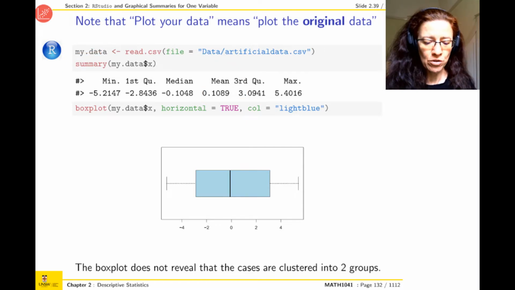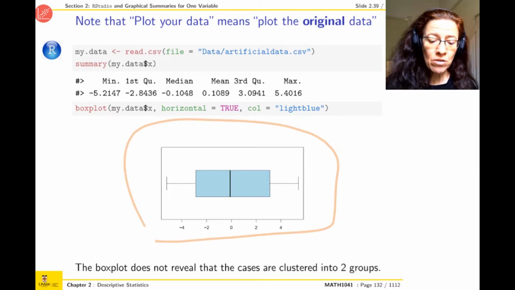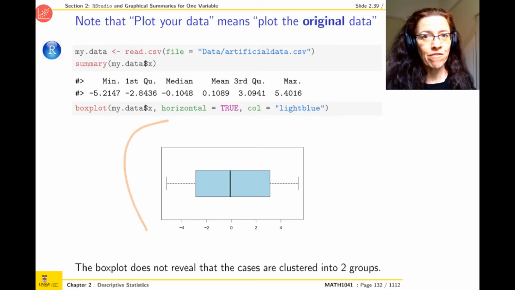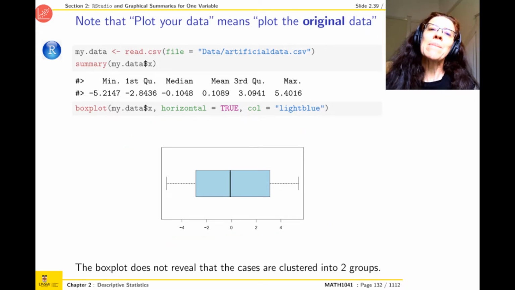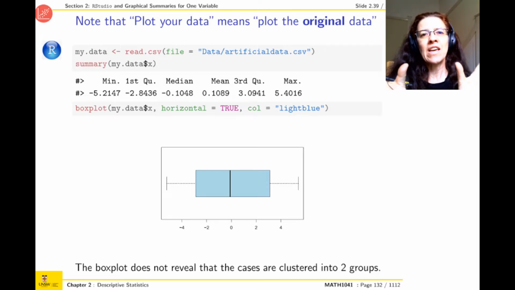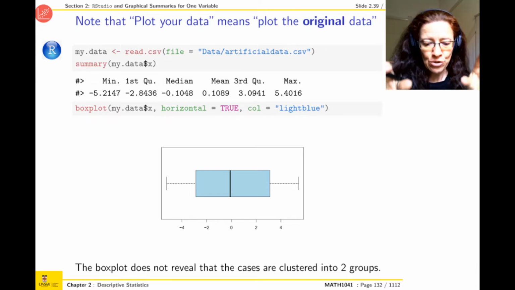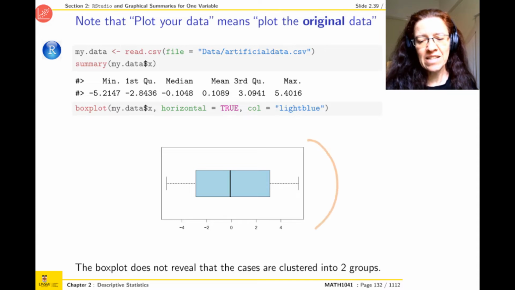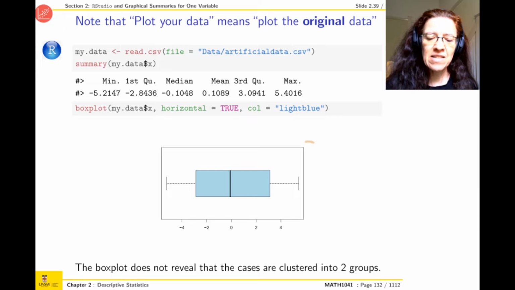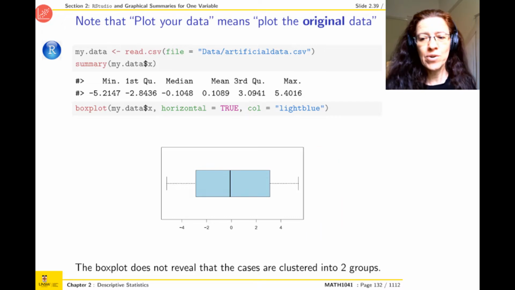I could get my box plot, and this box plot actually also hides the fact that there is a gap in the middle and that your values are clustered into sets. So you don't see it on that. You should have looked at the original data. This is already a summary.